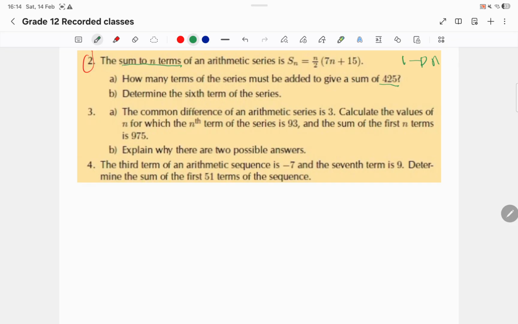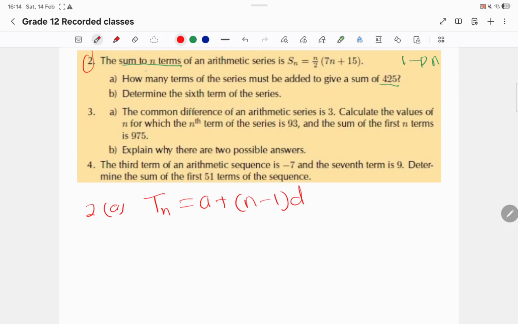So what you do here basically is, firstly, let's rewrite our formula. What do we know about this formula? We do know that this is an arithmetic series. So the general term of an arithmetic series is given by Tn equals a plus (n minus 1) times d. But we are not there as yet.